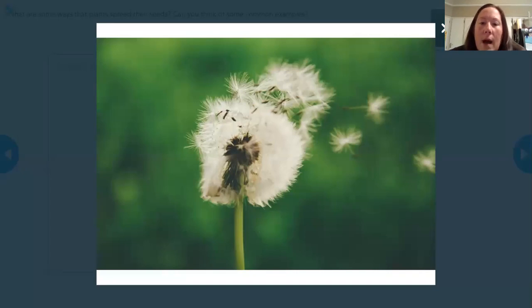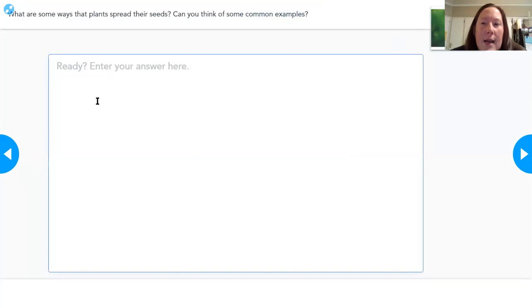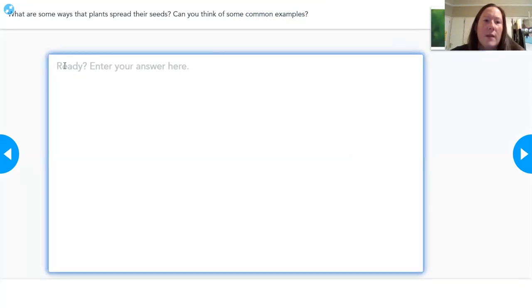All right, so if those are the seeds of a dandelion, how is it spread? Well, when I blow them, or there's some sort of force, they kind of spread all over the ground. And then in a few days or a week, my yard is full of dandelions.